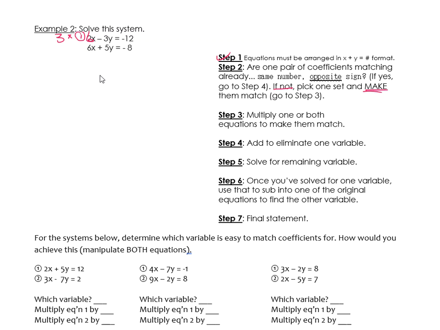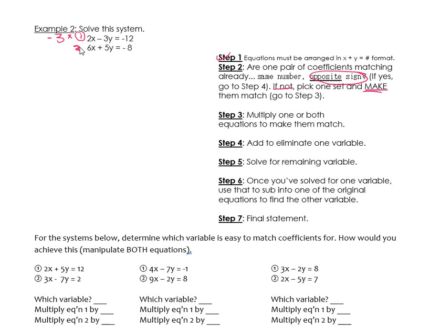I want them to match. Remember, one has to be positive and one has to be negative. So I'm going to multiply by -3, because if I were to add 6x and 6x, I would get 12x and it wouldn't be eliminated. I could actually subtract instead of adding, but as I said, I'm not going to go through that method here.